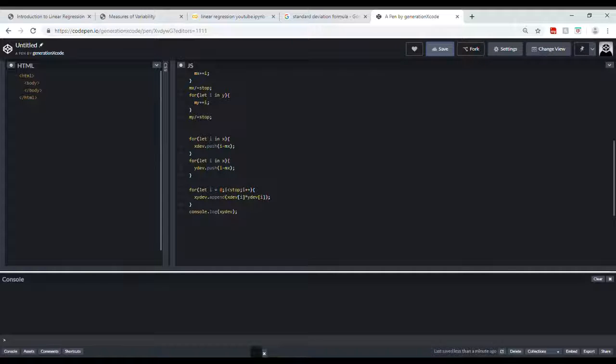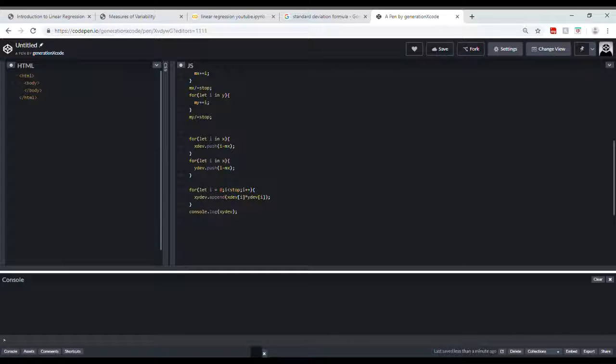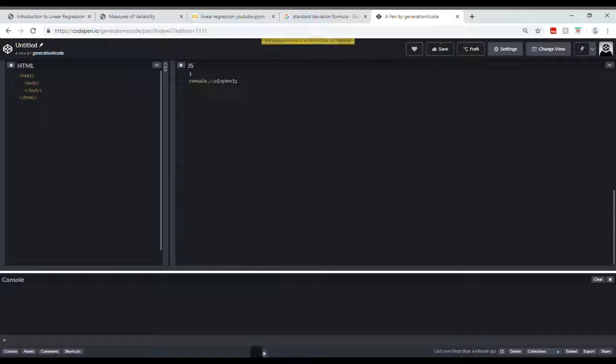Why isn't it logging? Odd. Let's find what's wrong in this. There is no error here. Why is it not working?